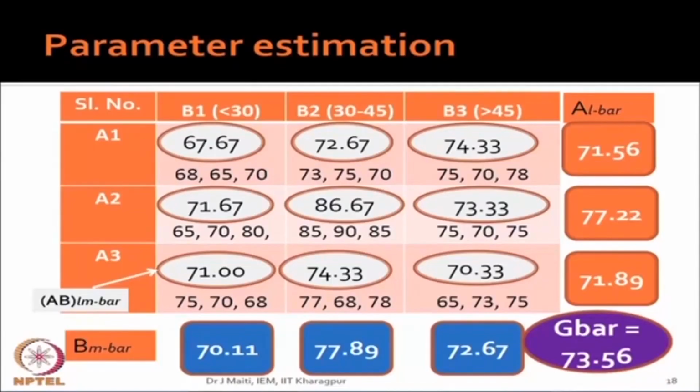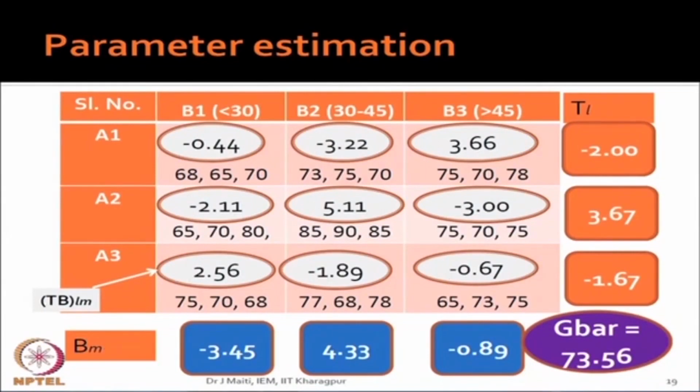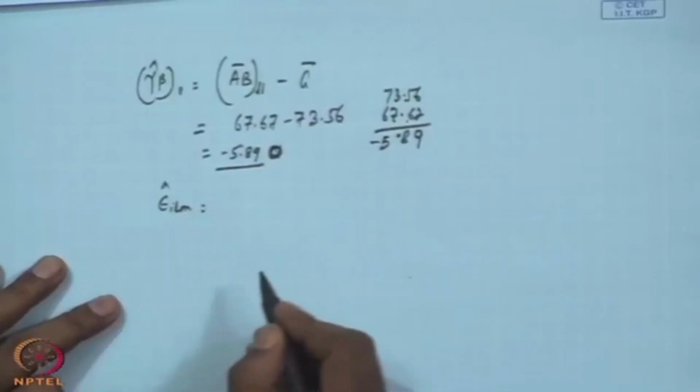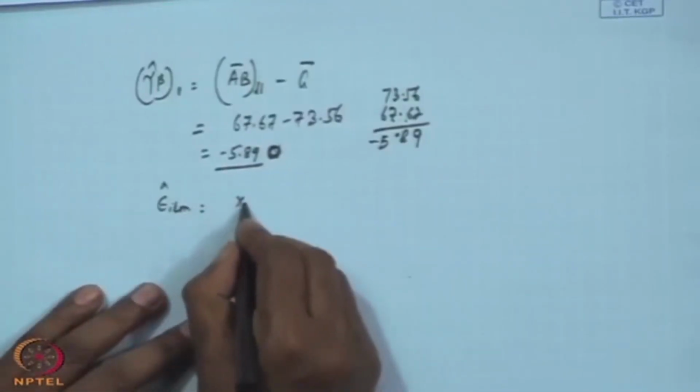Okay. Now, once you calculate all those, the beta and other things, then what is required to know? This is the error component. How do you calculate the error part then? Error part is epsilon ILM. What will be this one?